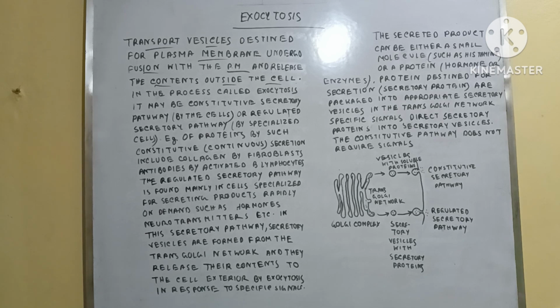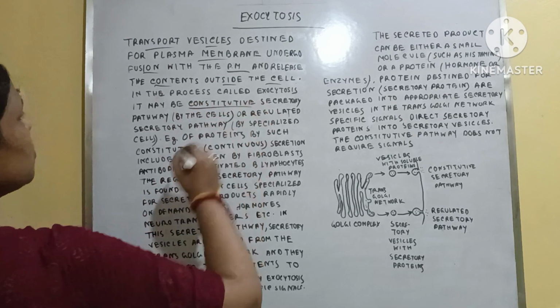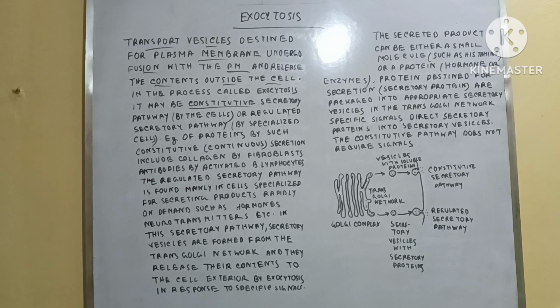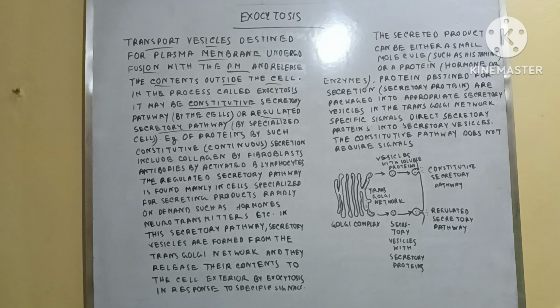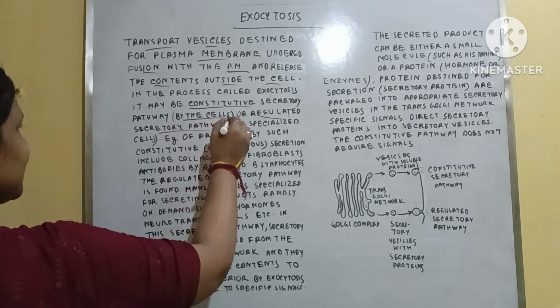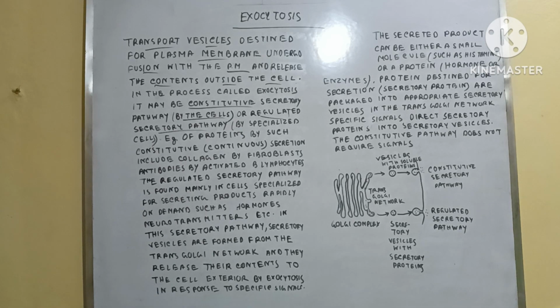Generally in exocytosis, different methods or pathways are seen: first the constitutive secretory pathway, and second the regulated secretory pathway. The constitutive secretory pathway occurs in cells generally, and the regulated secretory pathway occurs in specialized cells.